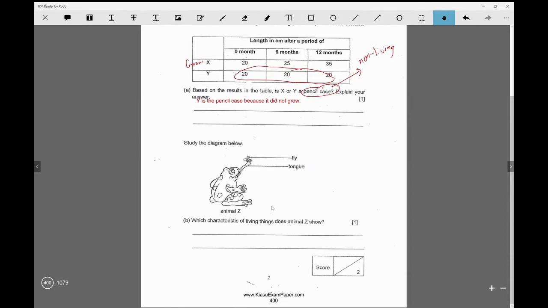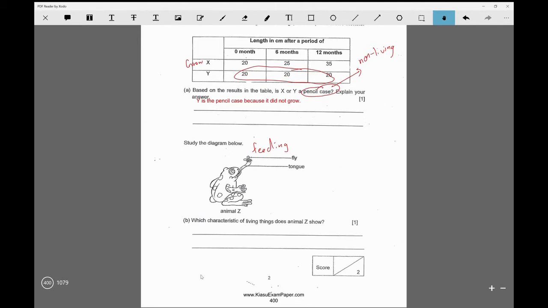Question B, they ask you what characteristic of living things Z here is shown. It is feeding, right? It is feeding on the fly, right? That means it is taking food. The 4 characteristics of living things are: they grow, they reproduce, they respond to changes, and they need air, food and water to stay alive. These are the 4. So which out of these 4 that you should have memorized do you use for this situation?